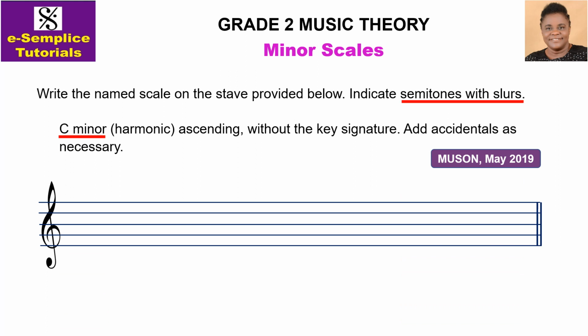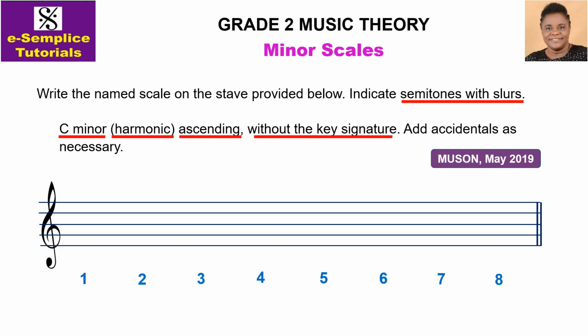It should be a C minor, a harmonic scale, ascending, this time without key signature. So please note, you are not to show the key signature at the beginning. Now, an ascending scale should go from 1 to 8.